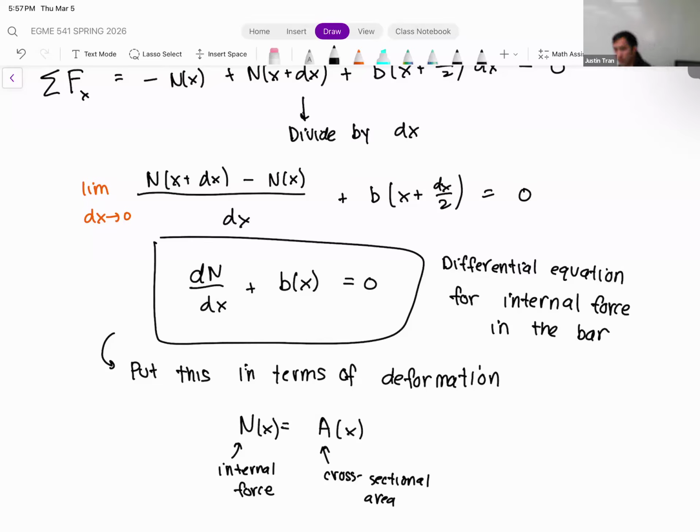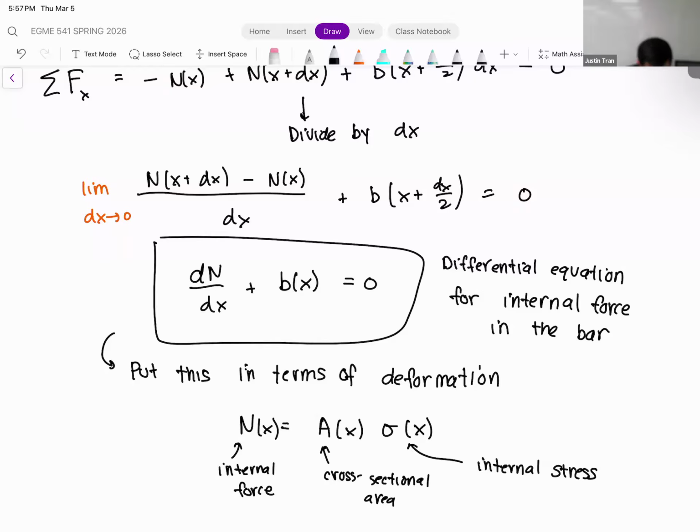The cross-sectional area as a function of x, multiplied by the internal stress at that location. So that's just the definition of stress, right? Stress is just a force over an area. You can manipulate that and multiply both sides by area, and we get that normal force is equal to area multiplied by stress.